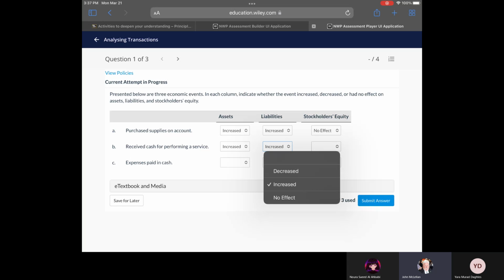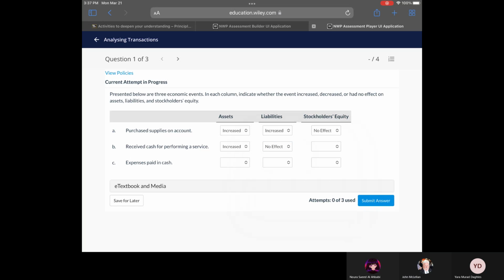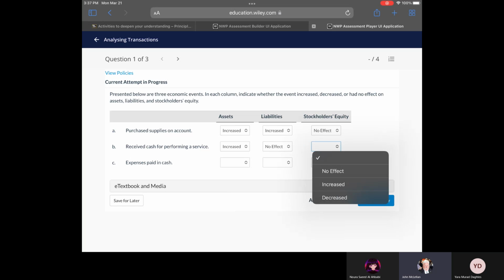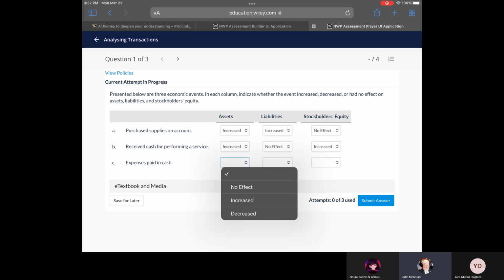No. Oh, no. Did liabilities, do I owe him anything? No. No effect on liabilities. So change that to no effect. Now, did shareholders' equity go up or down? Right. Increase. Does everybody understand that? Every time I earn revenue, shareholders' equity goes up.